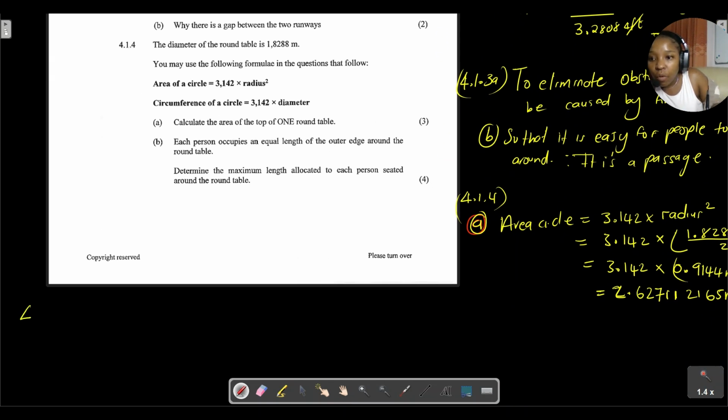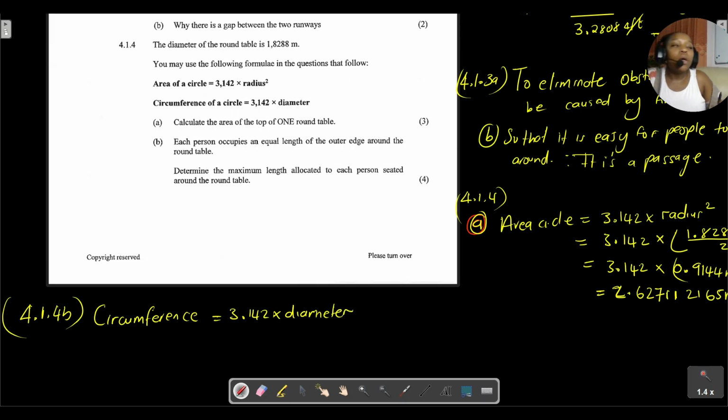Question 4.1.4b. How do you calculate the circumference? The circumference is equal to 3.142 multiplied by the diameter. We also know that we can calculate the circumference by taking 2 times pi times r, but you can also use the formula that's given to us.